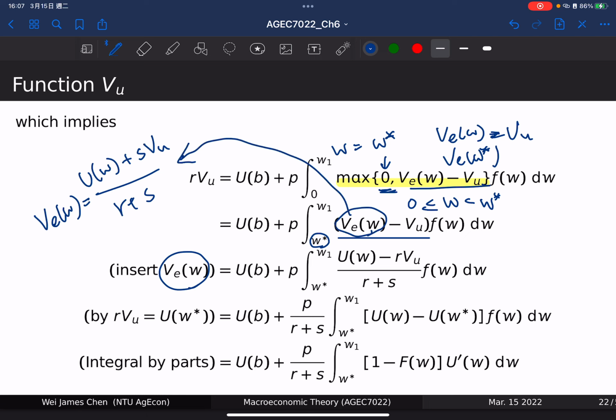I insert these things, or I should write it this way. I insert the whole thing inside. Then what's in the integral becomes r plus s over, u of w minus r times VU over r plus s. Okay? This one is just that I inserted. It's not too complicated.